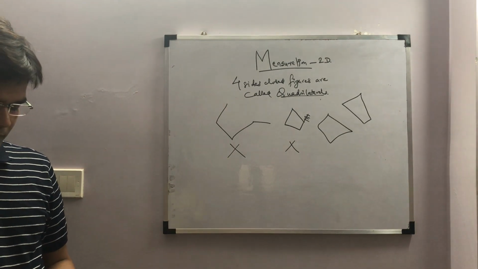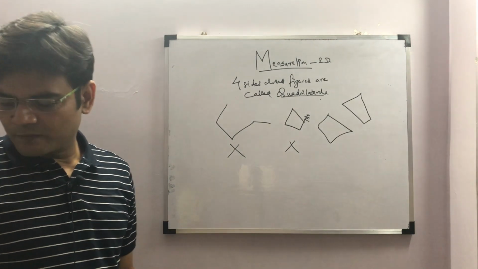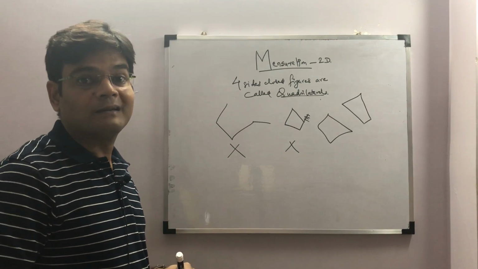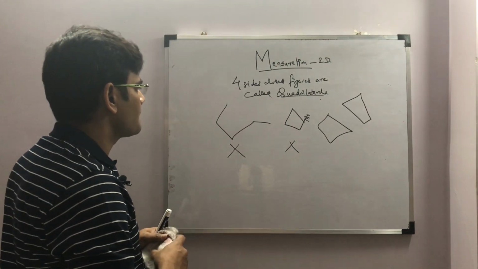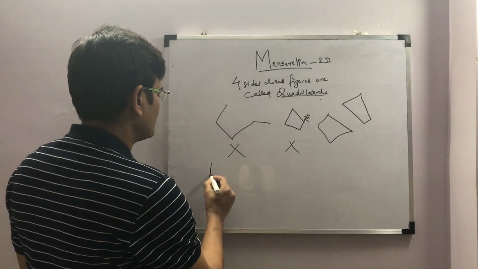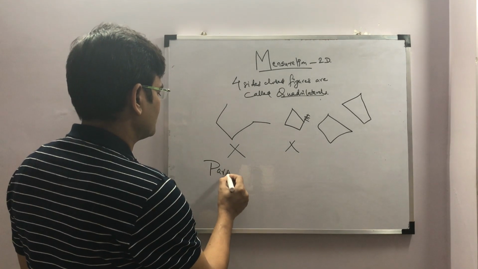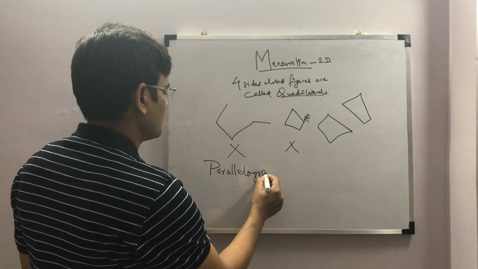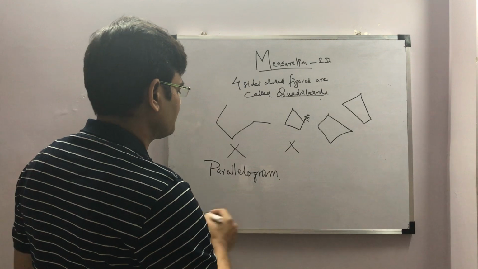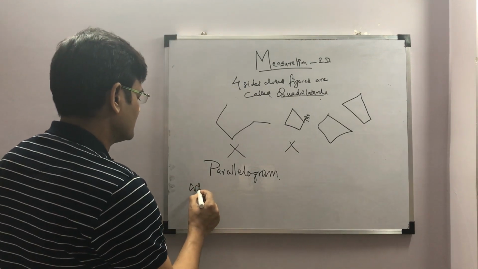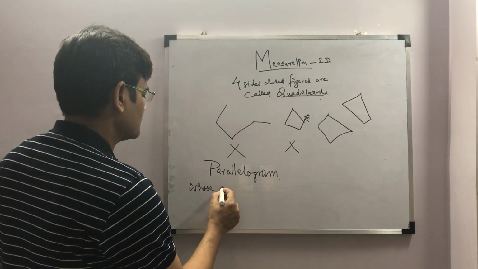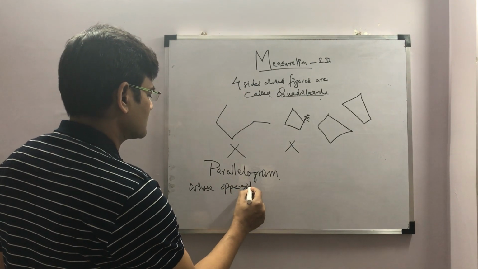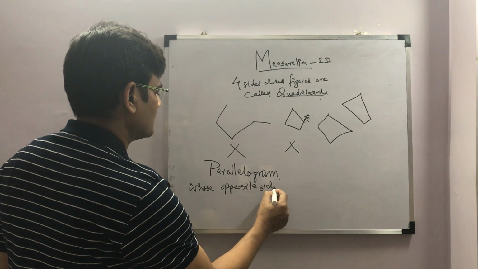So normally there are some special types of quadrilateral. One of them is parallelogram. So next we move on to parallelogram, a special type of quadrilateral. What is a parallelogram? Whose opposite sides are parallel and equal.